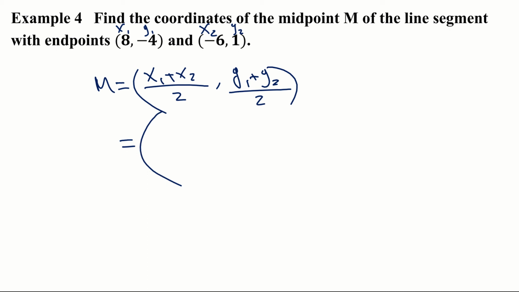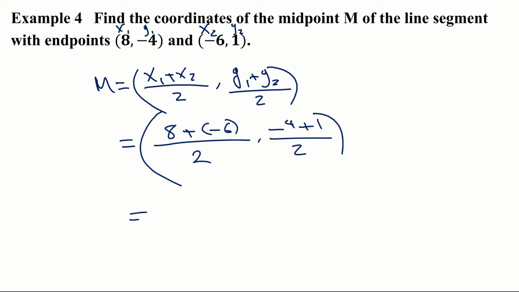And we're going to get 8 plus negative 6 over 2, comma, negative 4 plus 1 over 2. So now 8 plus negative 6, that's 8 minus 6, so it's 2.